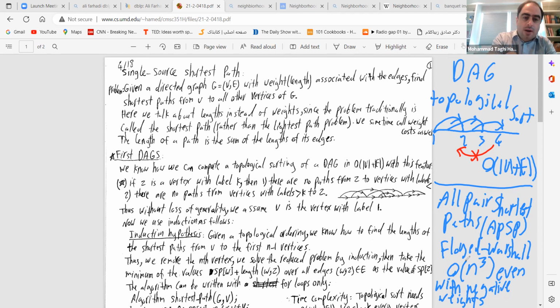Today we want to talk about another famous algorithm, the Dijkstra algorithm.